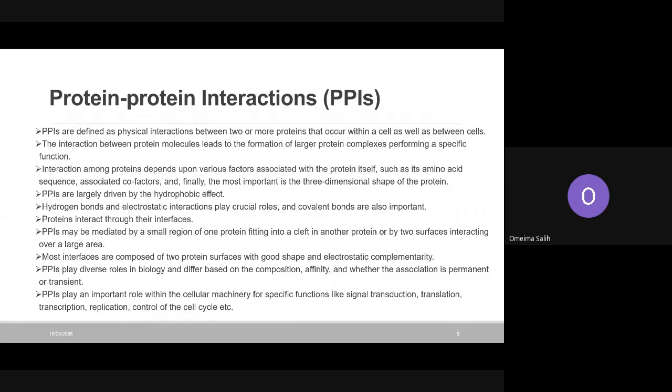characteristics. The protein interactions as a complex have different and crucial functions within the cell.